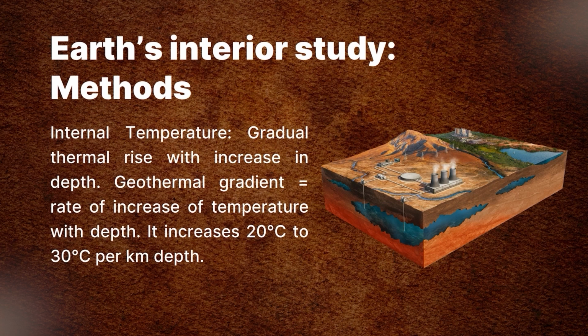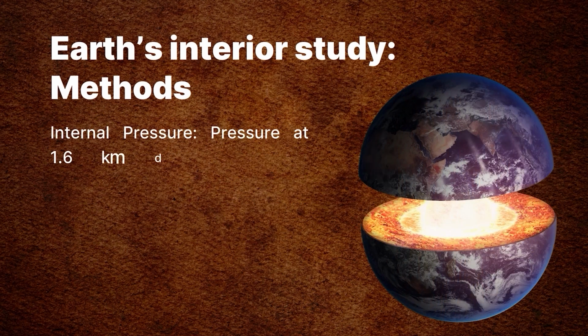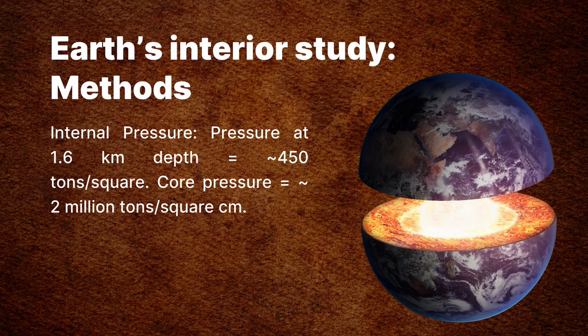First I will take up the internal temperature. The temperature is gradually rising as we go further deep into the earth. There is a gradual rise of 20 to 30 degrees centigrade per kilometer, and it increases till it reaches the core.